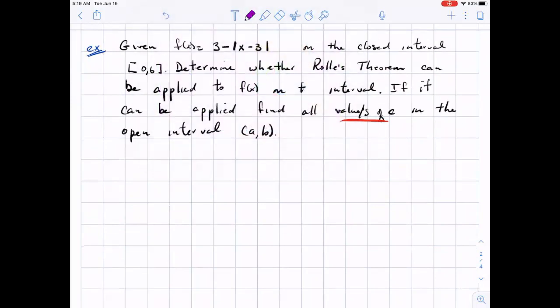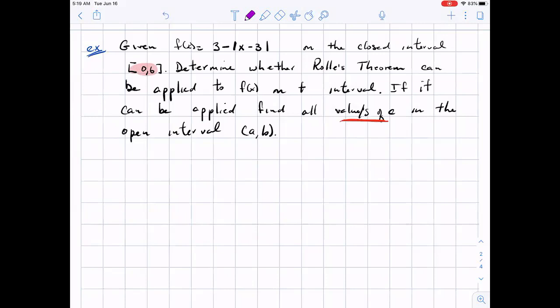Automatically you should look at this and say that this is not going to work, because the function is not differentiable at every point. Now, what we care about is the interval here. So how do I look at this and know this will not work?